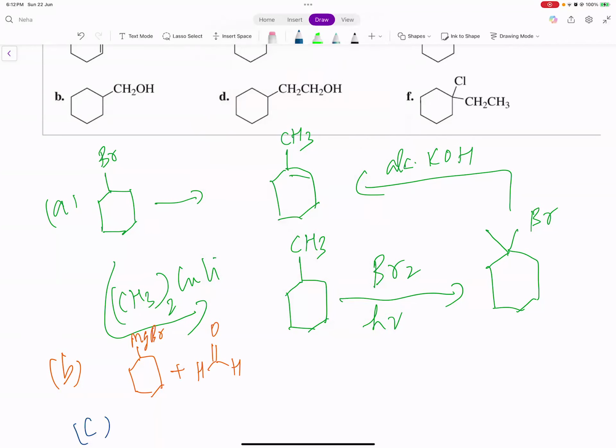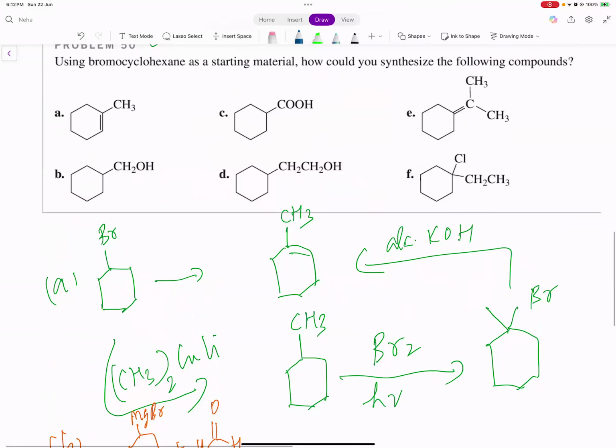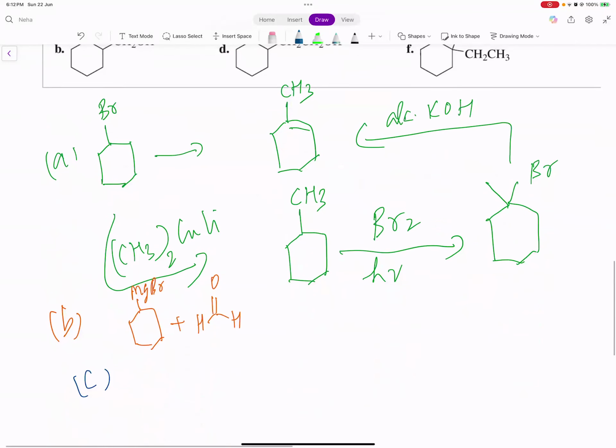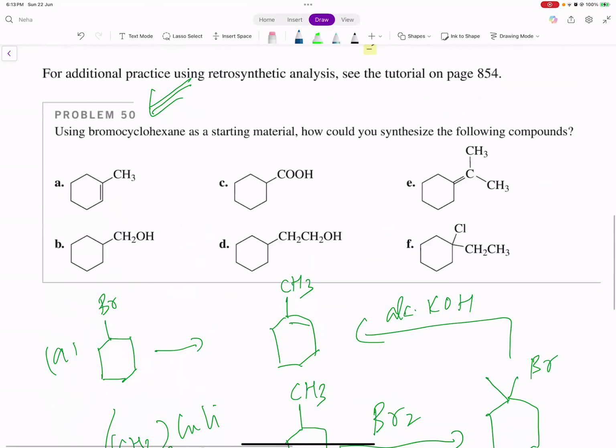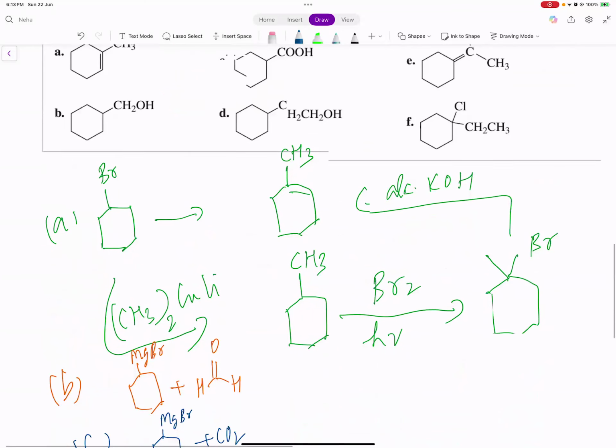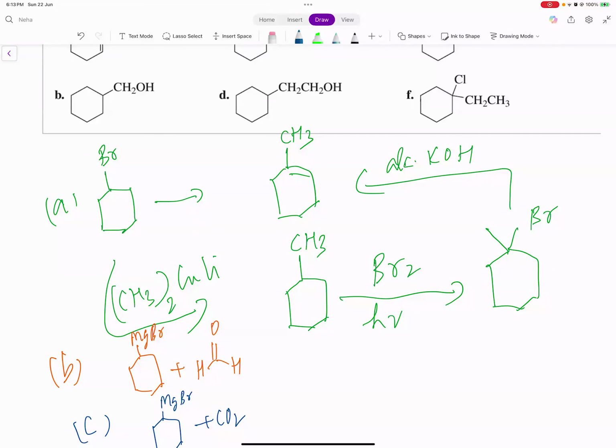C. Here we have to make COOH. So bromine, Grignard, and CO2. Sir, can we also substitute cyanide ion and then just add? Because cyanide SN2, I won't get a very nice result in a secondary halide, because it is in between.